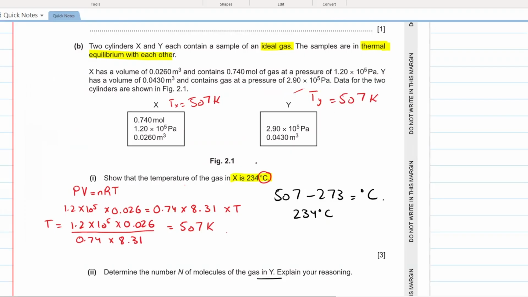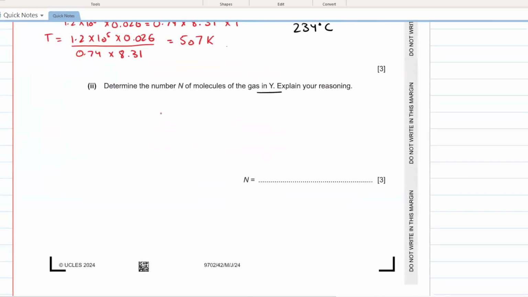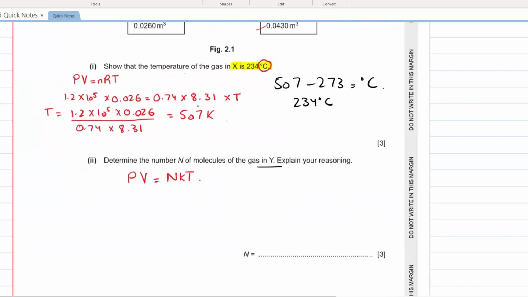So now you know the temperature, the pressure and the volume. You have to calculate the number of molecules. Which formula will you apply? PV = NkT. Here is one key point that you must write in your registers if you really want to ace this.